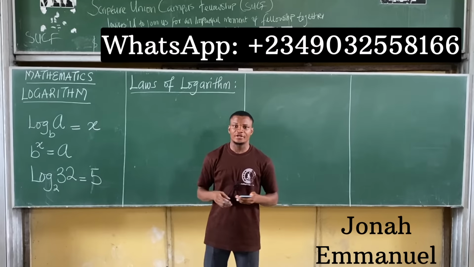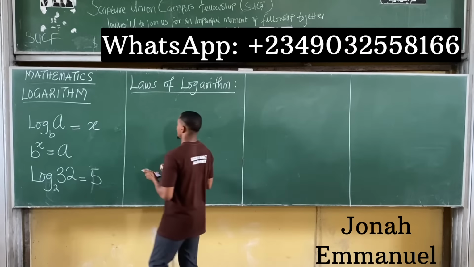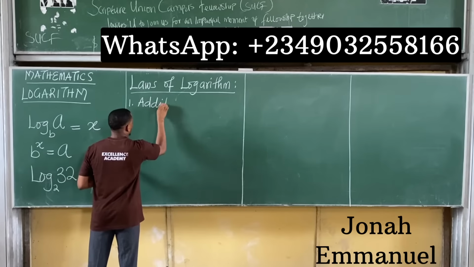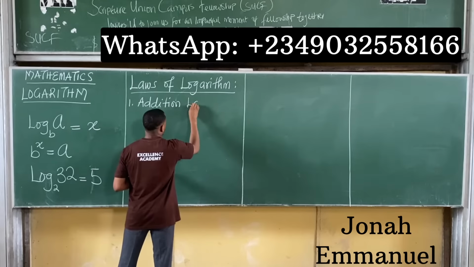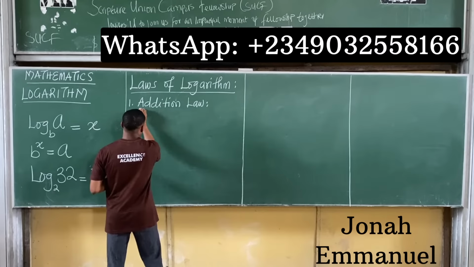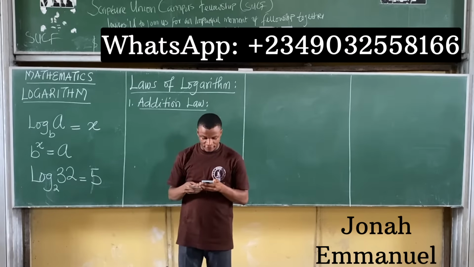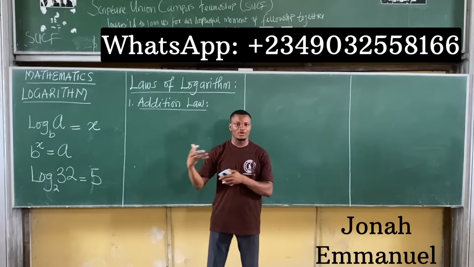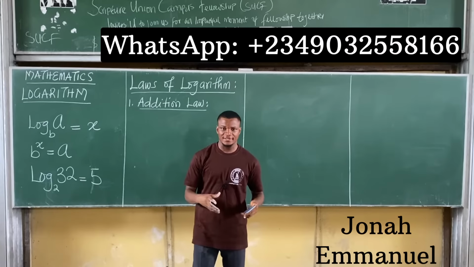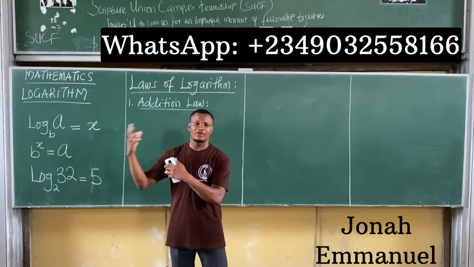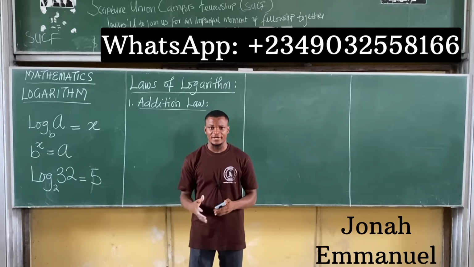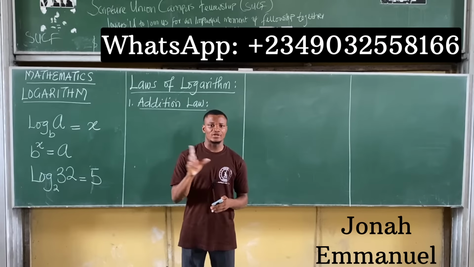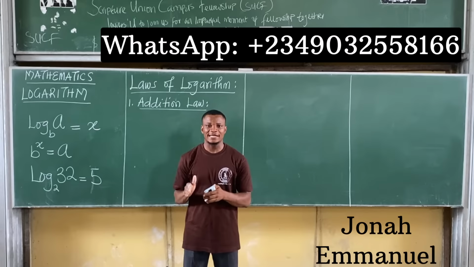The first law of logarithm is called the addition law. The addition law says that if I have the log of a number to a certain base plus the log of another number still to the same base, my answer is equal to the log of the product of the two numbers to that same base.